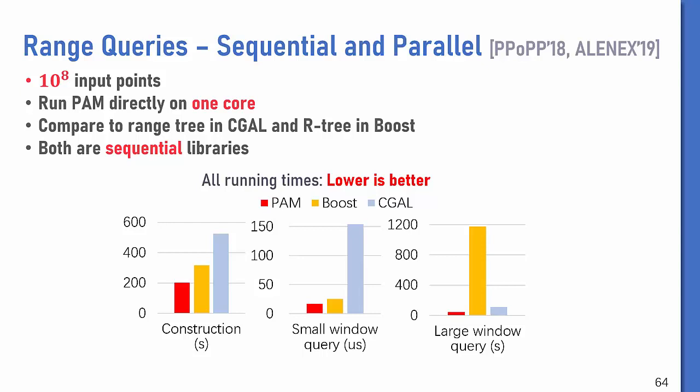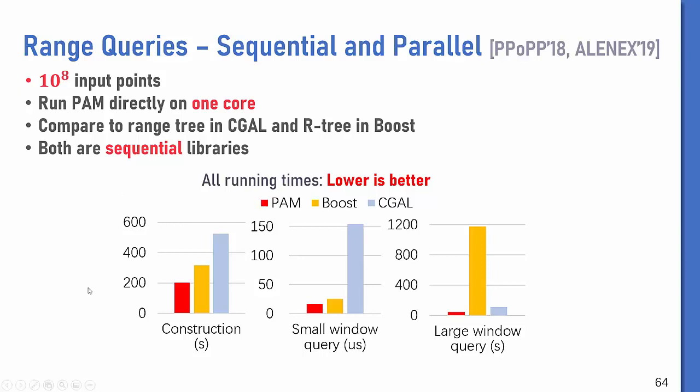Okay, so you may think that our performance may not be impressive since we introduce another level of abstraction. And also PAM is a general tree library, so it's not optimized for range queries or these geometric queries. However, our experiments show that PAM actually outperforms these existing implementations.